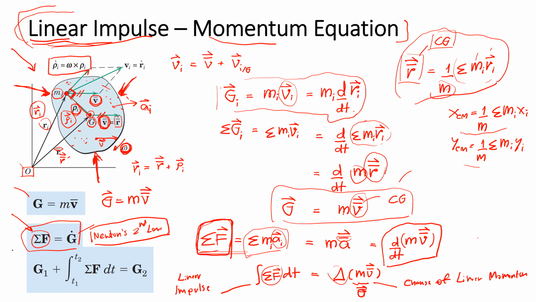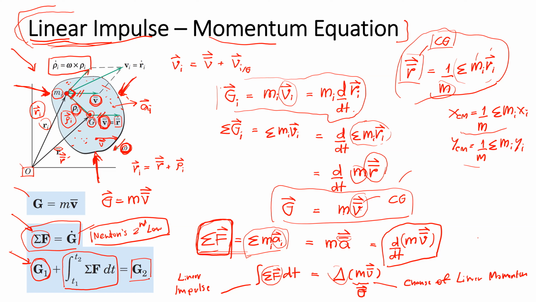And this is the impulse momentum equation. It means the impulse from time t1 to t2 added to the initial linear momentum gives the final state linear momentum.